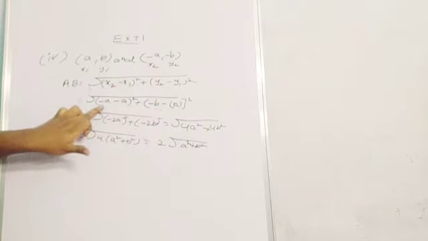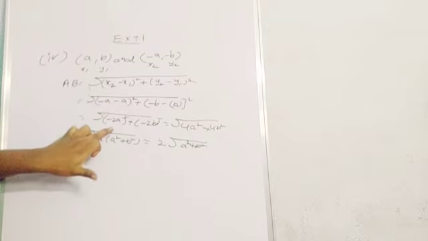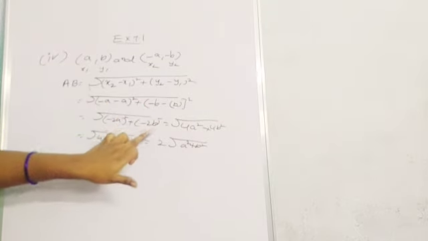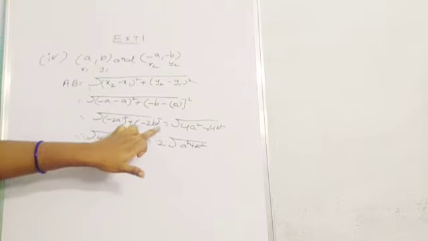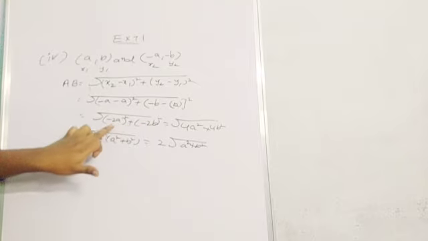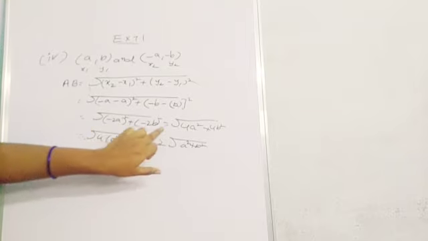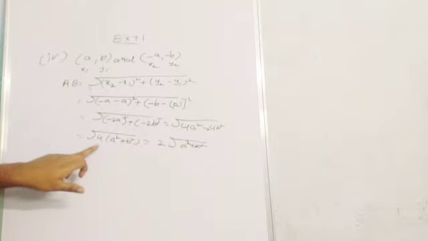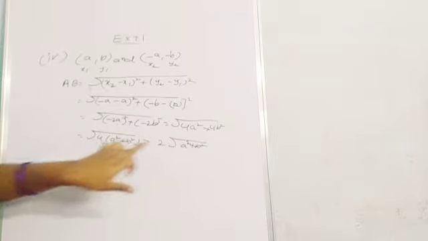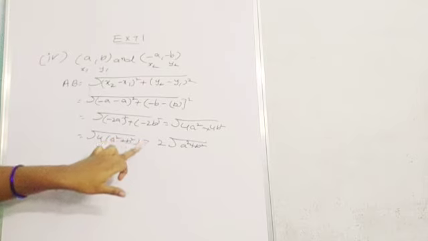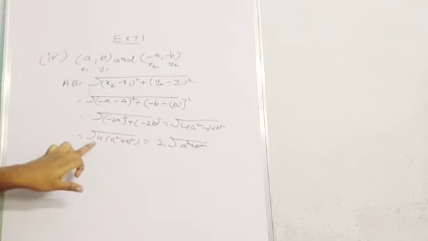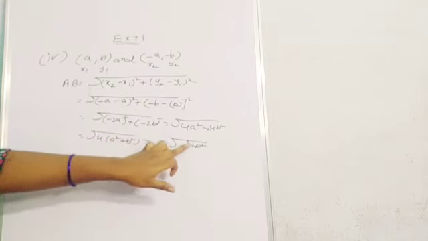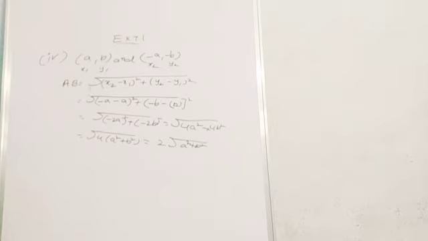Square root of (minus 2a) whole square plus (minus 2b) whole square. 2 2s are 4, so 4a square plus 4b square. Square root of 4 times (a square plus b square). What is the root value for 4? 2. So 2 root of a square plus b square. This is the distance between those two points.